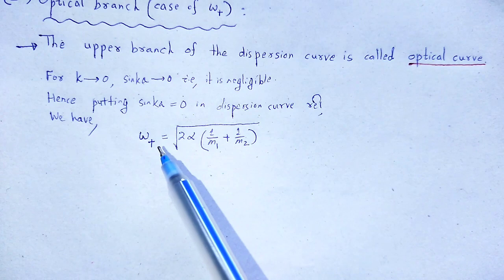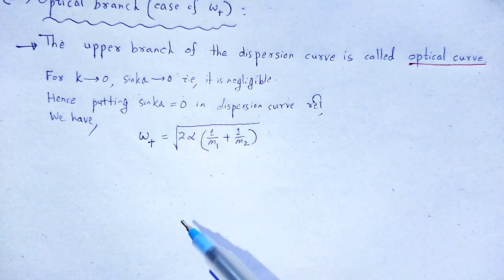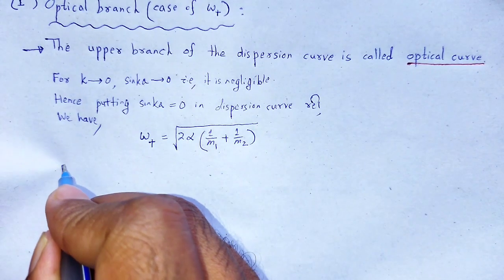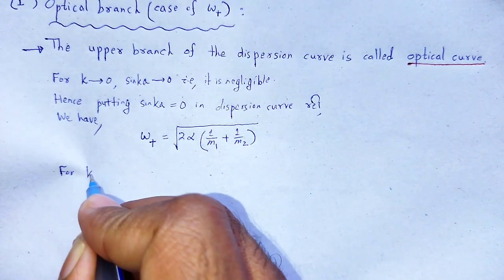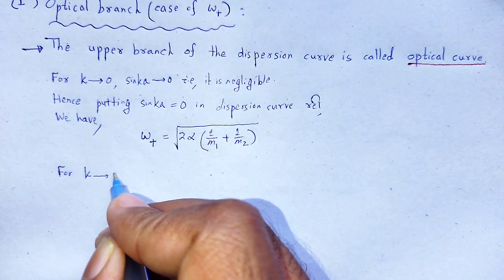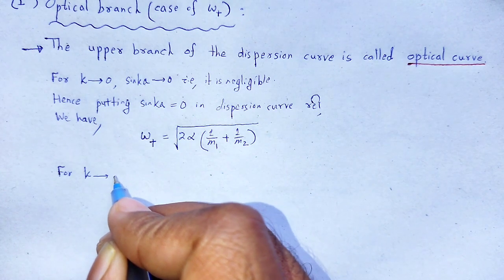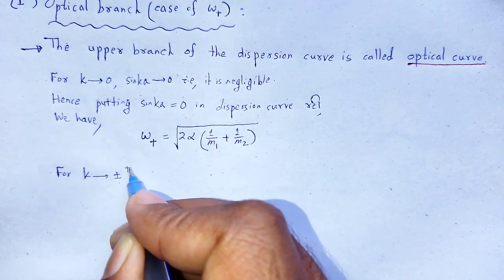Then what will be the maximum value of omega plus? For achieving that, we have to take k tends to plus minus pi by 2a.